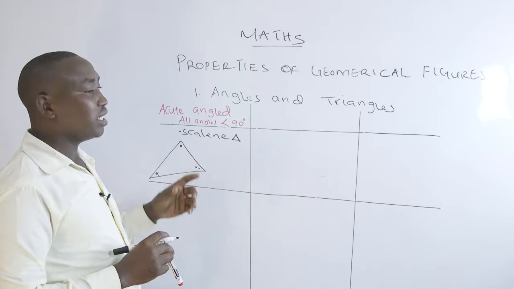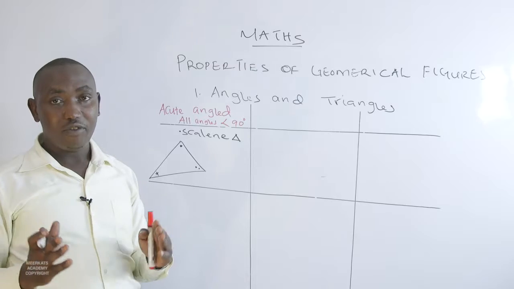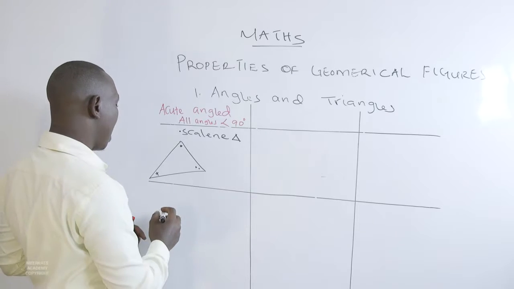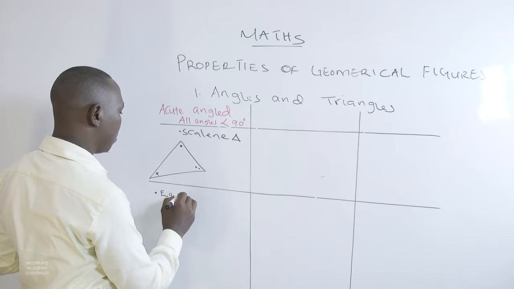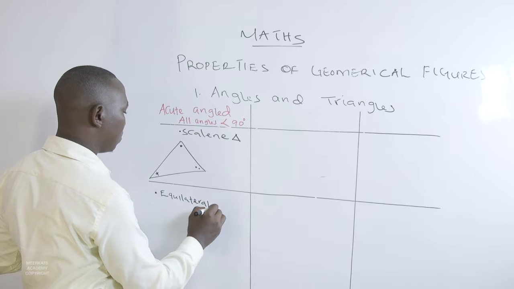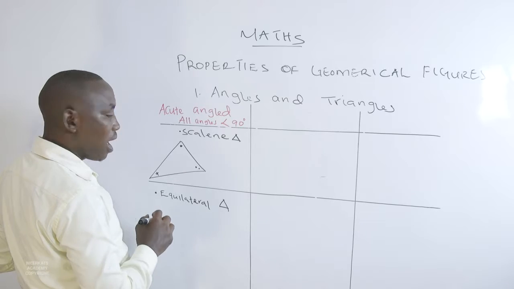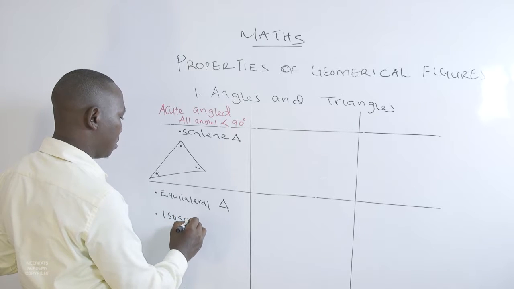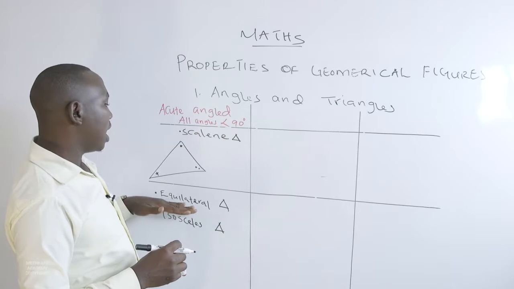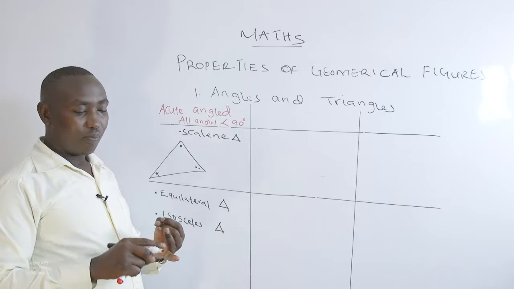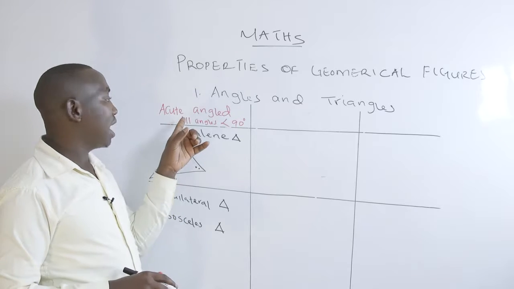We have another type of acute angled triangle which is classified by the sides. So we can have one, an equilateral, and two, an isosceles triangle. For the equilateral triangle, all the sides and all the angles are equal and they are less than 90 degrees.